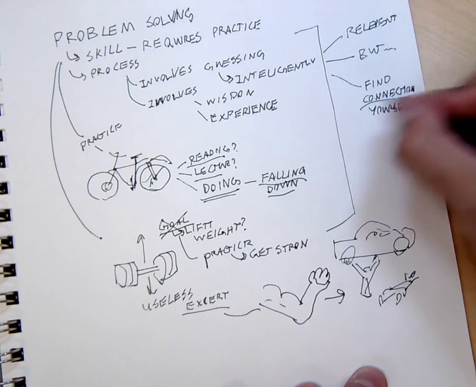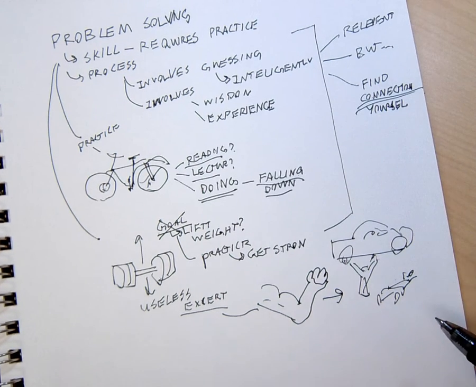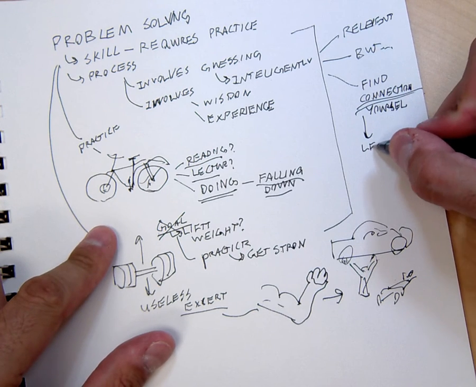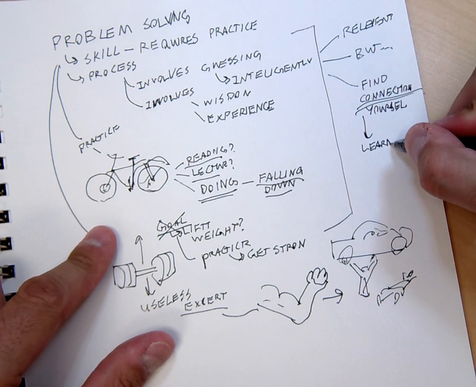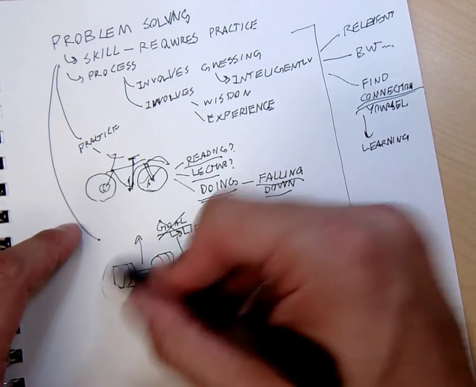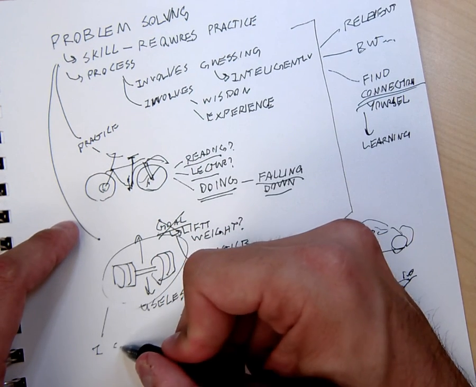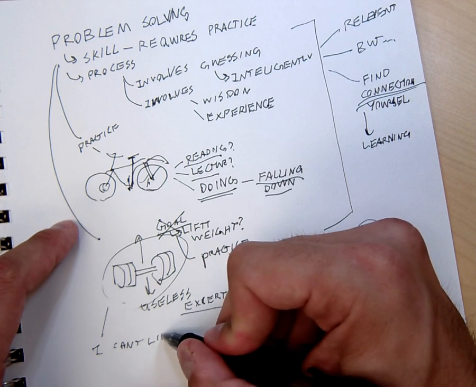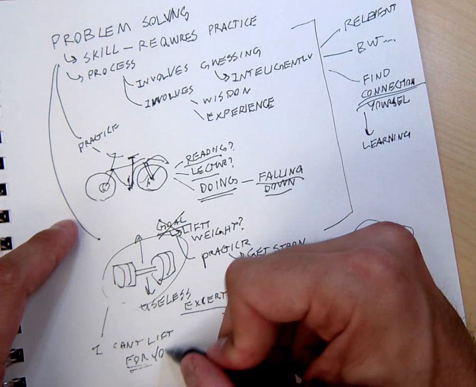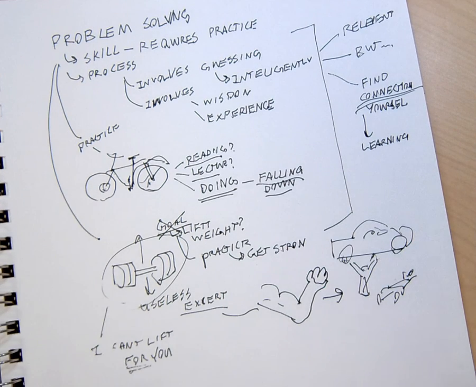And there's a whole connectionist theory of learning, which is really important, and it's through here that learning happens. I can't give them to you. I can't lift it for you. You have to find your own connections. All right.